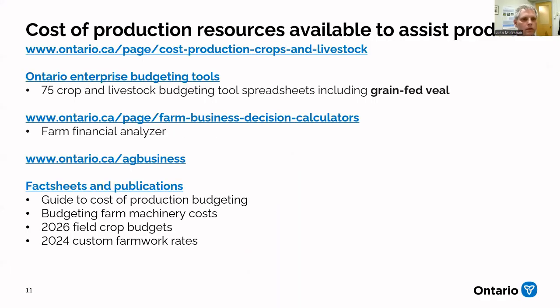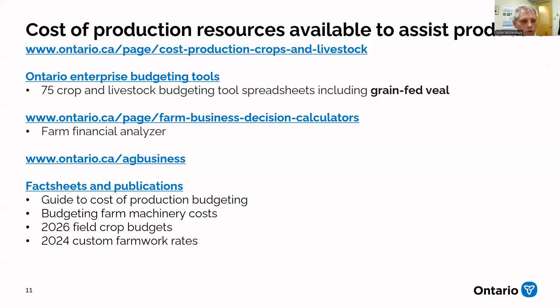So let's now look. We do have the cost of production resources that we have on our website, including the grain-fed COP. But we've got quite a number of other crop and livestock budgeting tool spreadsheets that are available. And if you're looking to map out some of the costs for those homegrown feeds, we've got different forage and different grain and oilseed crops that are available there as well.